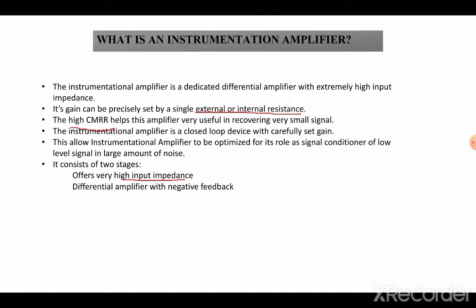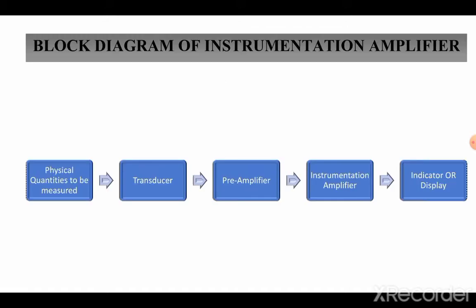Now in the next slide we will discuss the block diagram of an instrumentation amplifier. The first block in an instrumentation amplifier is always a transducer, because the quantities which are required to be measured and controlled are always in physical form, and these physical quantities cannot be directly applied to the indicator or display unit of an instrumentation amplifier system.